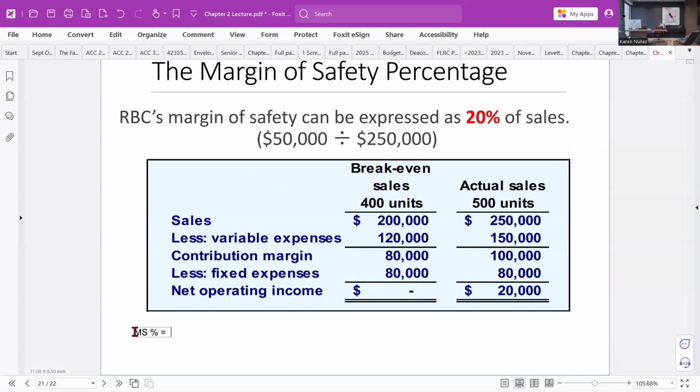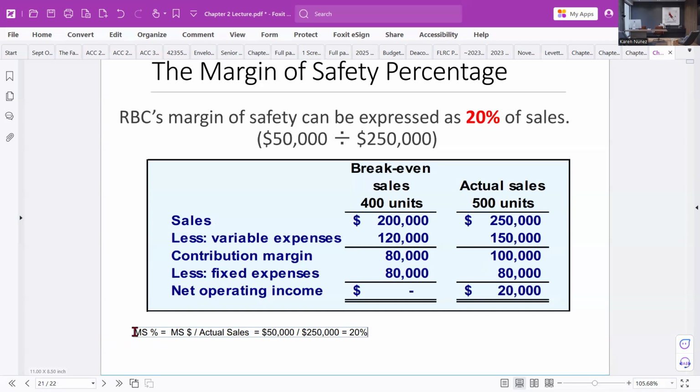The margin of safety percentage is the margin of safety dollars divided by the actual sales. The margin of safety dollars is $50,000, and we divide by the actual sales of $250,000, so we end up with a margin of safety percentage of 20%.